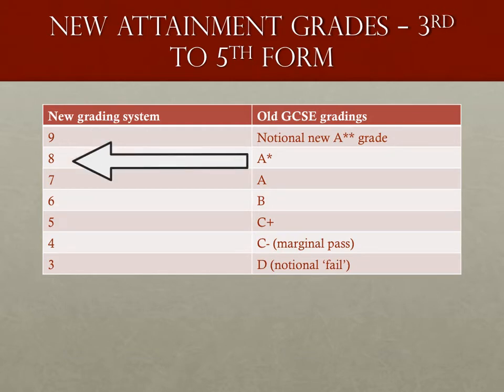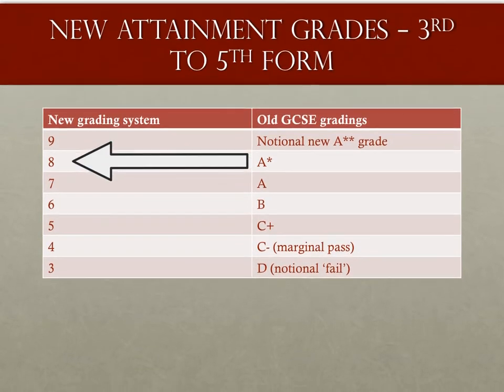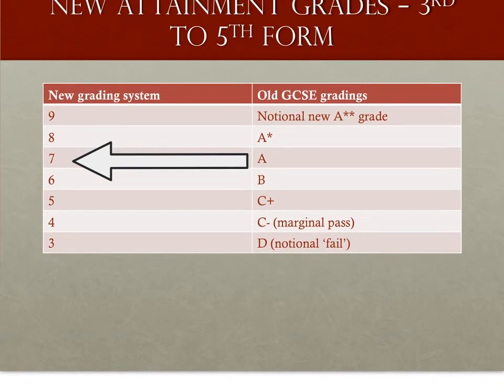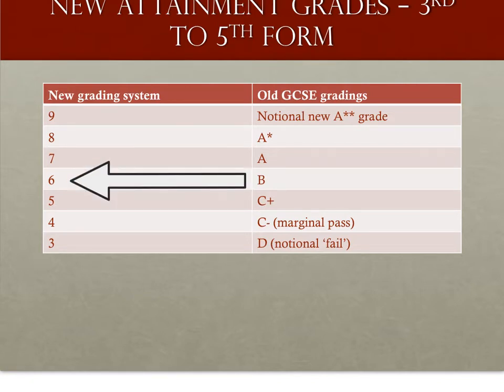In broad terms, an 8 is equivalent to an old A star. And if we look down here, a 7 is very similar to the A grade that we used to have. A B grade seems to equate very directly to a 6.